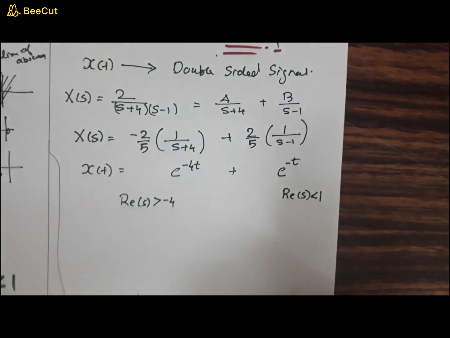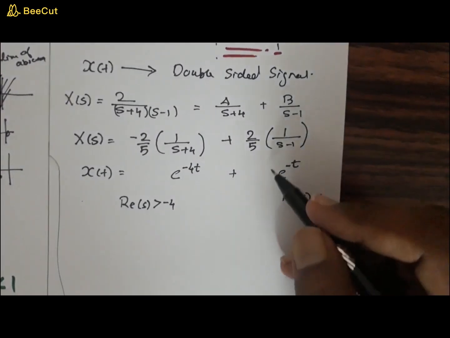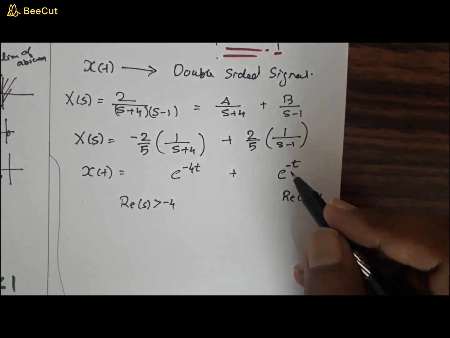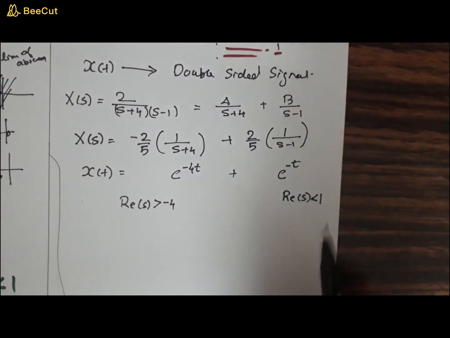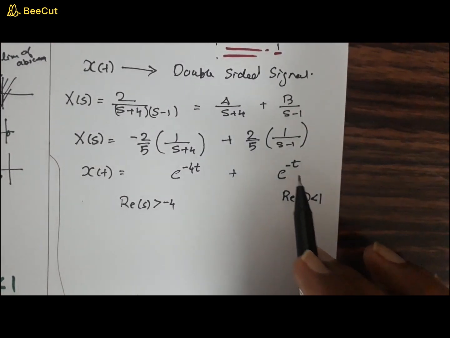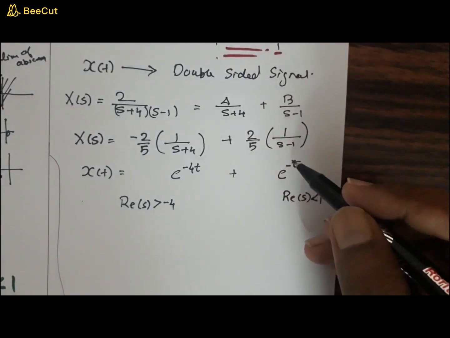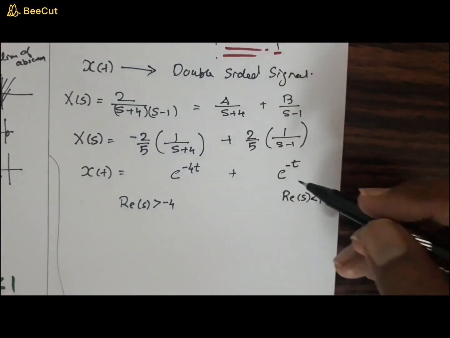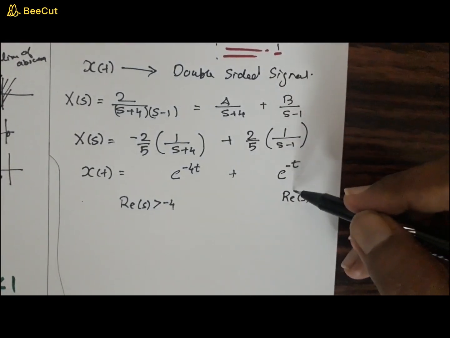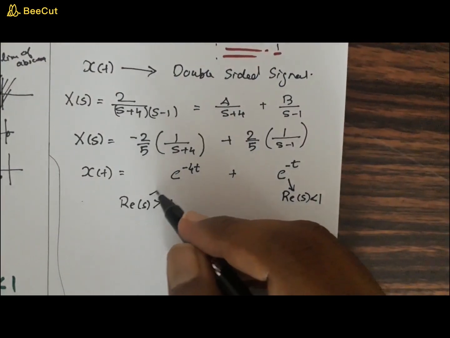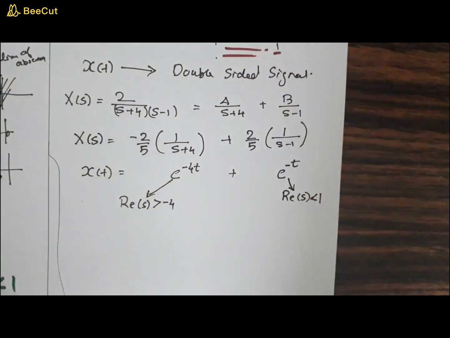Now, when you individually take the Laplace transform and find its ROC, which signal's corresponding ROC will be this? Definitely you have an e raised to minus t here, so by simple observation you can say that this ROC corresponds to this, while this ROC corresponds to this signal, right?